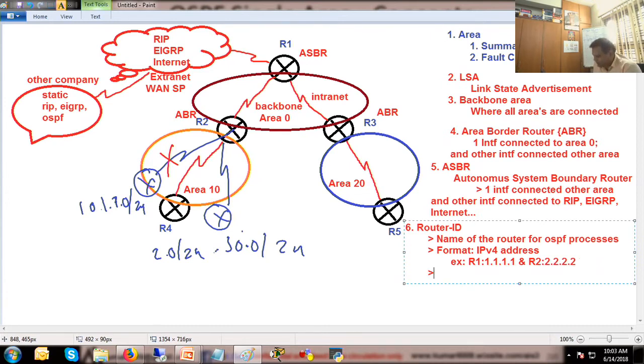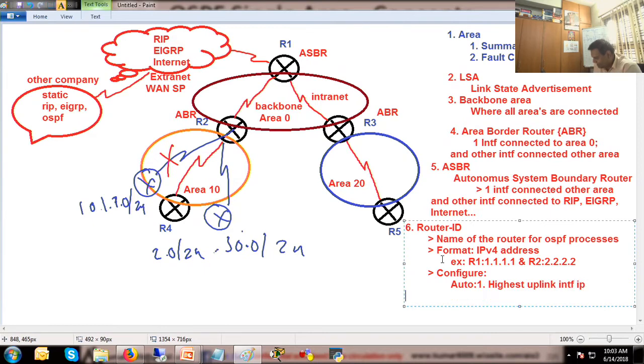So how is this configured? It will configure automatically, without giving any command. First, it takes the highest IP address of an uplink interface.